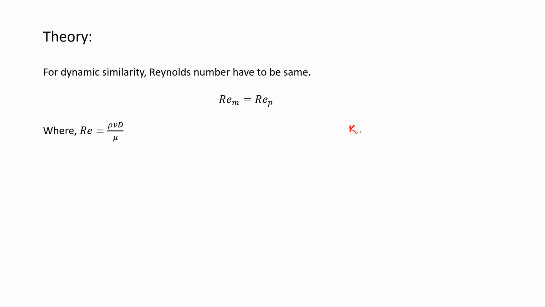And the flow, let's say Re, is rho v d over mu, right? So I'm saying if I have a wing of a plane, I can't do an experiment on that whole big wing.